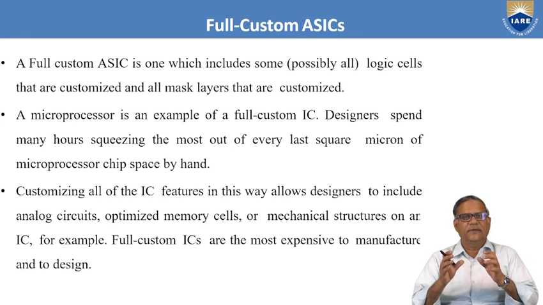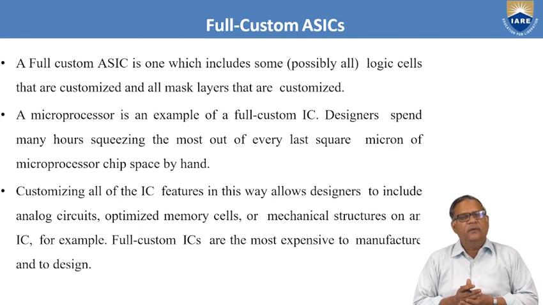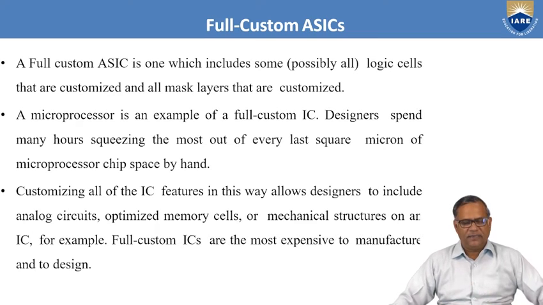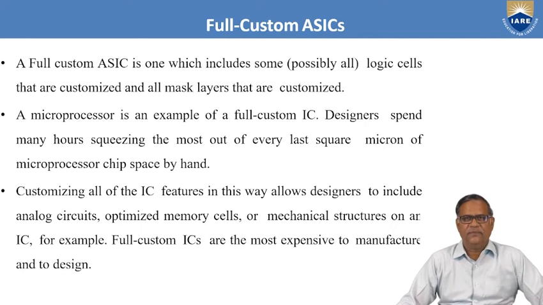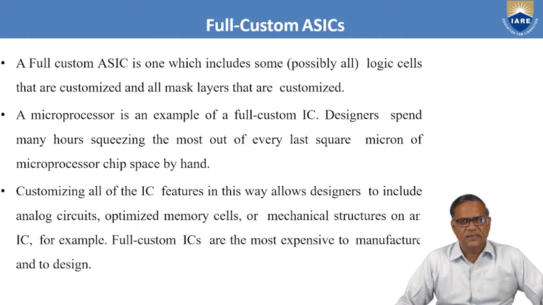Because the designer does everything on his own, it requires a lot of time. He spends a lot of hours squeezing the most out of every last square micron of microprocessor chip space by hand. Customizing all the IC features in this way allows designers to include analog circuits, memory cells, or mechanical structures on an IC.